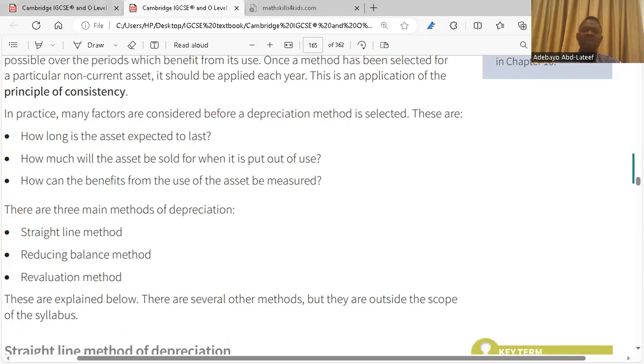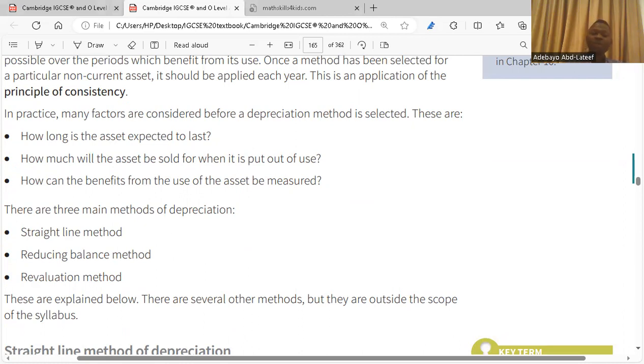In practice, many factors are considered before a depreciation method is selected. How long is the asset expected to last? How much will the asset be sold for when it is put out of use? How can the benefit from the use of assets be measured?